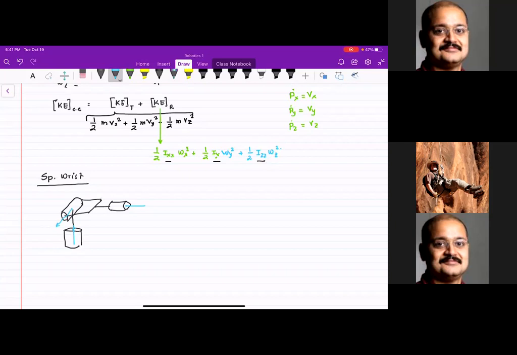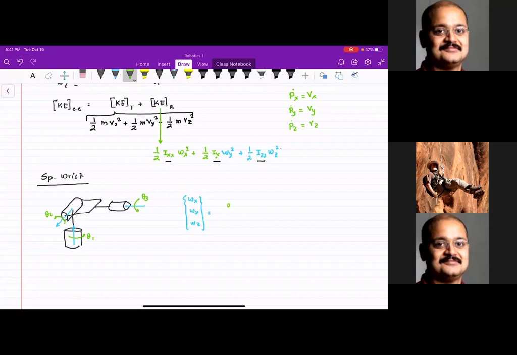So the only thing that we should be finding out is omega x, omega y, omega z for angular velocities. And remember, this is theta 1, this is theta 2, and I think this is theta 3.